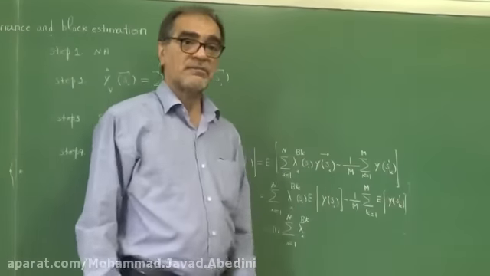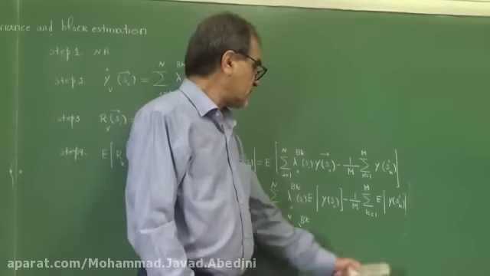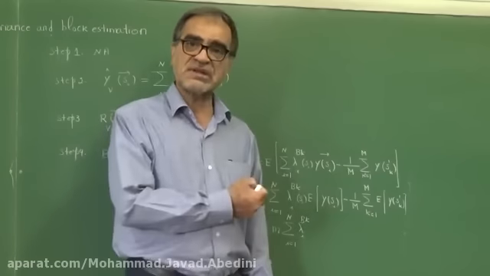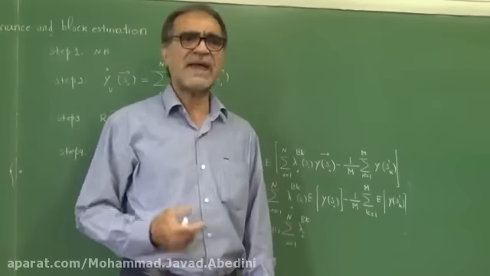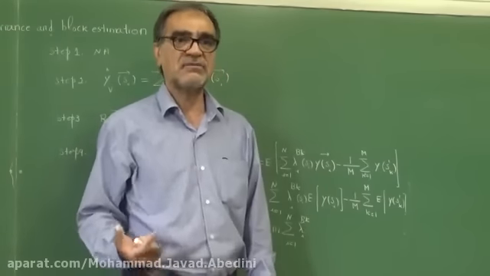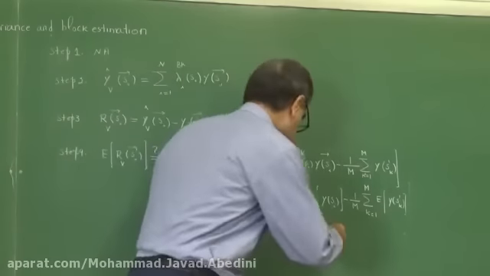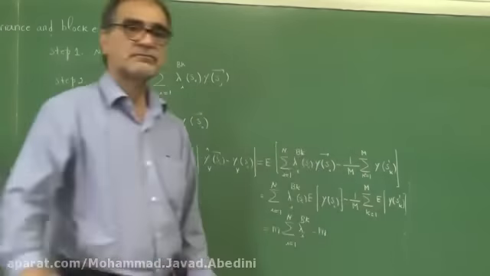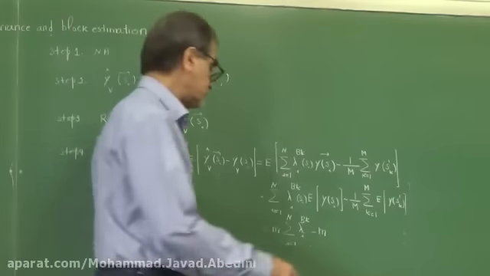This will become M, lowercase letter. And because this M has nothing to do with the index of summation, you can bring it outside. And then you have summation from 1 to M, 1. It will become M. That M will cancel out with that M, and it will become minus M. You can factor out this M.